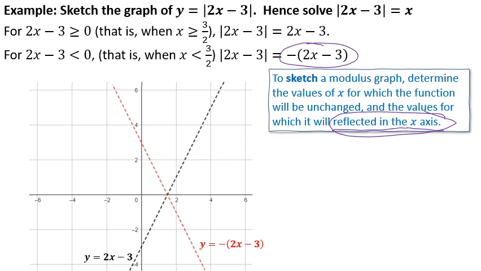Now the modulus function is the same as y equals 2x minus 3 whenever x is at least as big as 3 over 2. That means for x values that are to the right of 1.5, we're going to be following this graph. And then if x values are to the left of 3 over 2, we're going to be following the other graph.